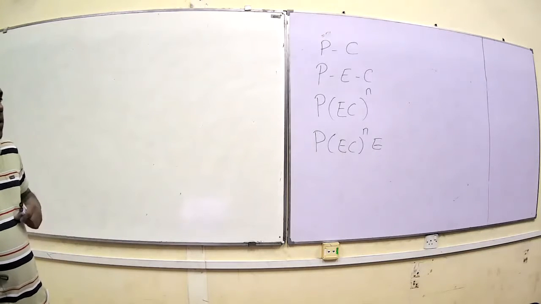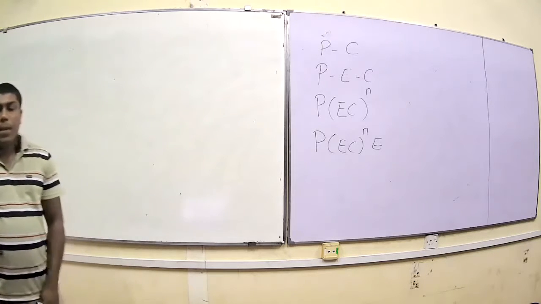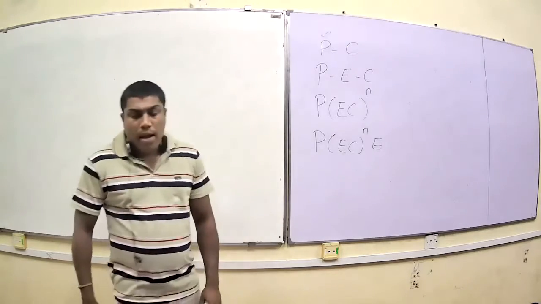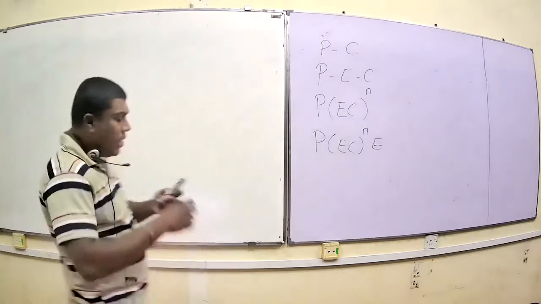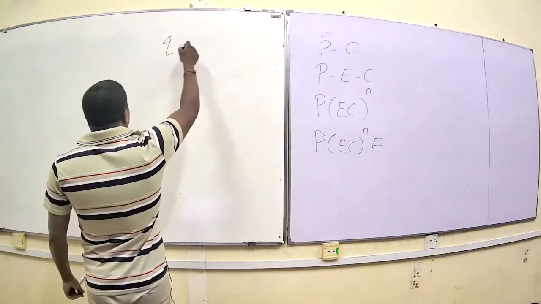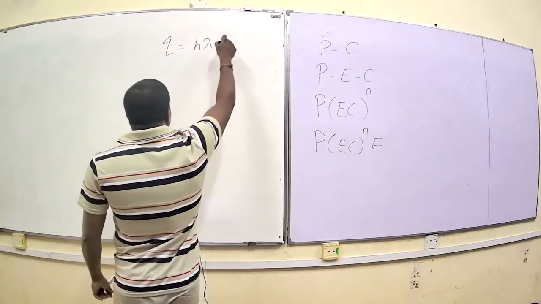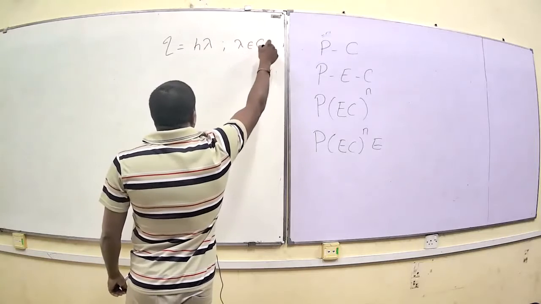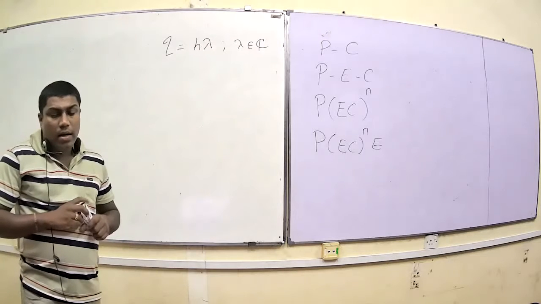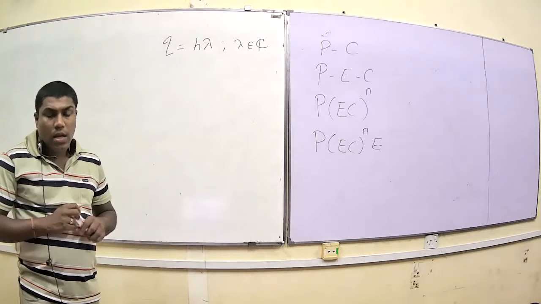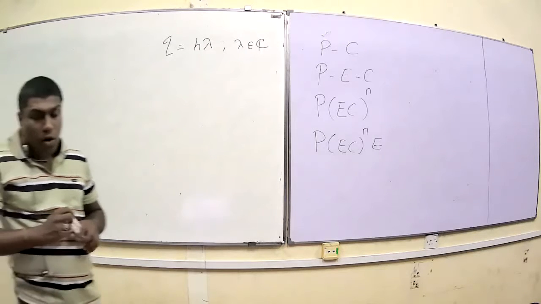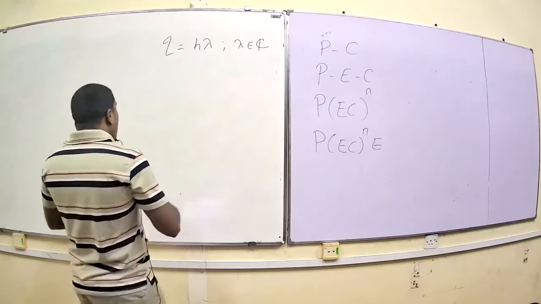Then a couple of classes before that, we talked about stability and then absolute stability, right? So we have seen this. We define a Q, which is h lambda, with lambda belonging to the complex numbers. So Q is basically a complex number. And then we talked about a stability polynomial.